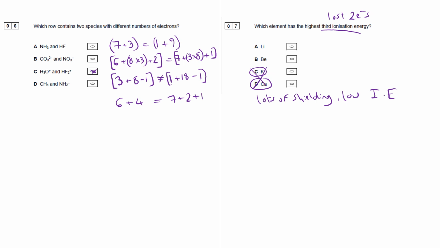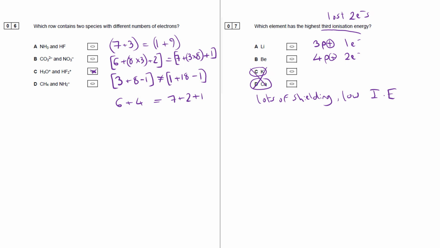For A and B, we've already removed 2 electrons. Lithium's got 3 protons. Beryllium's got 4 protons. Lithium, you've already removed 2 electrons, so there's only 1 electron left. Beryllium, you've already removed 2, so there's 2 electrons left.